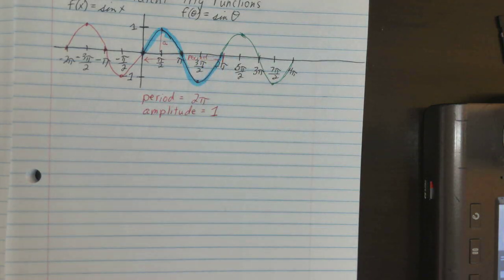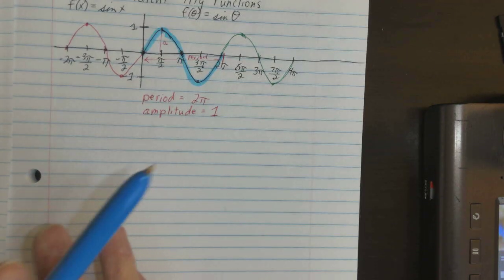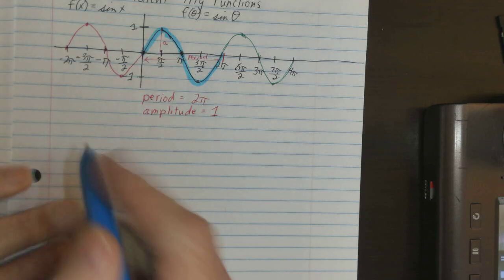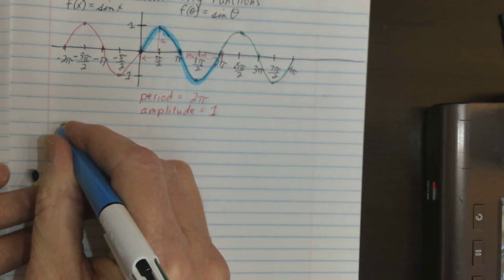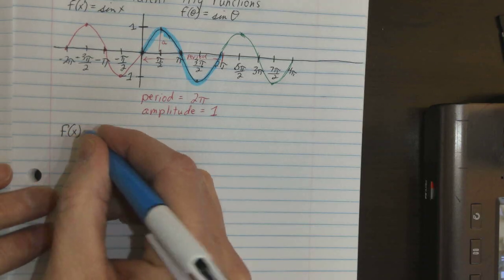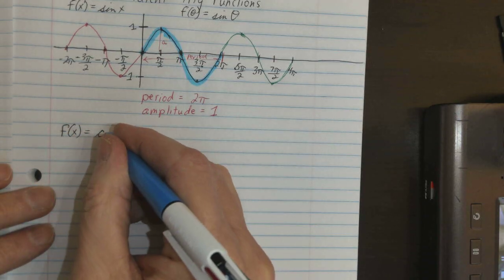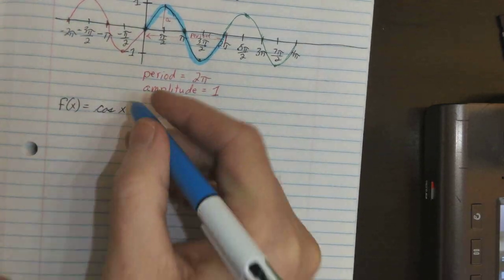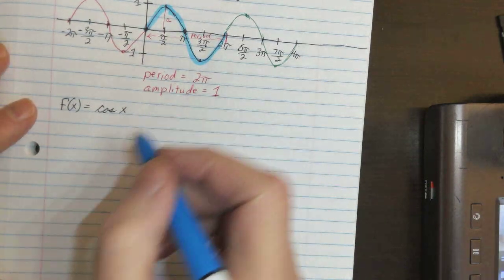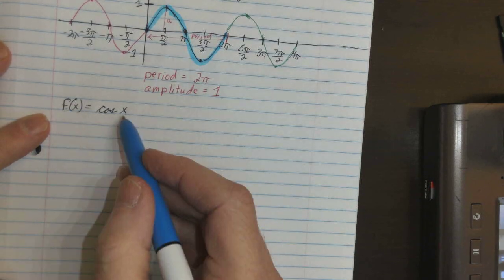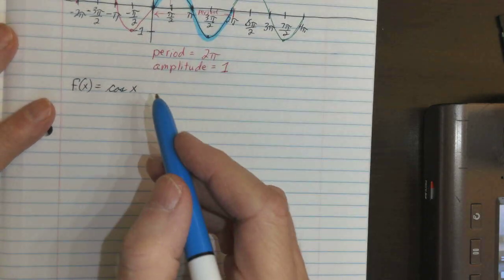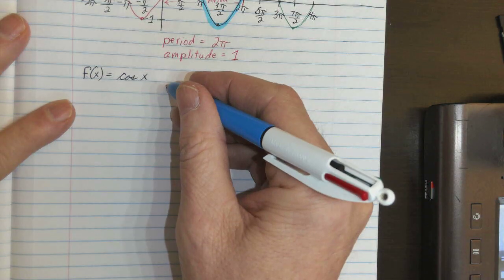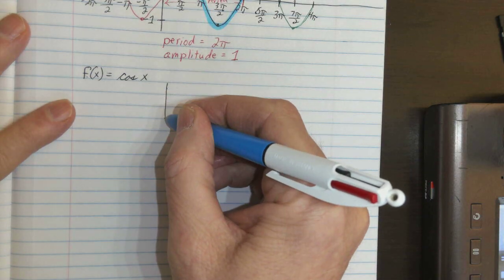Okay. Now, the second function we're going to do is cosine. F of x equals cosine of x. And what I'm going to use here is the same basic grid.